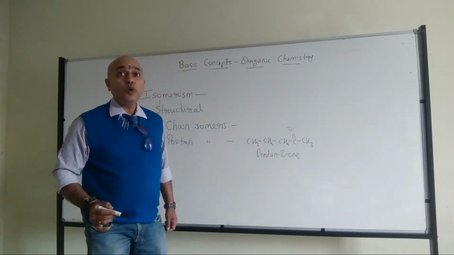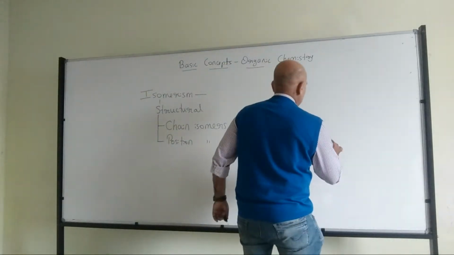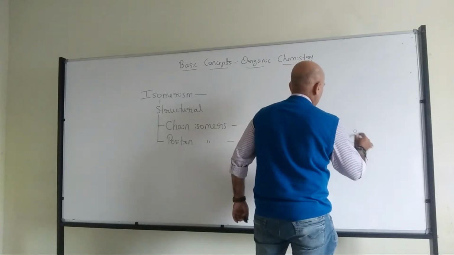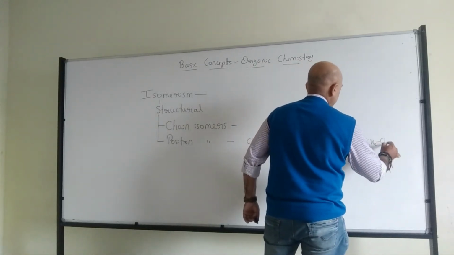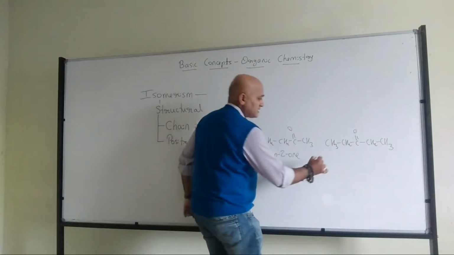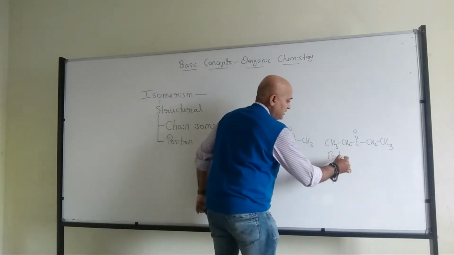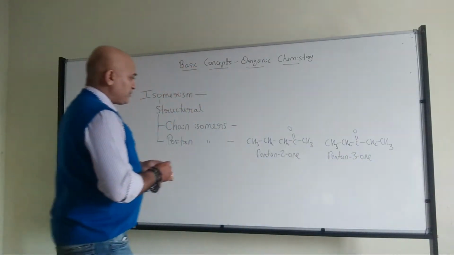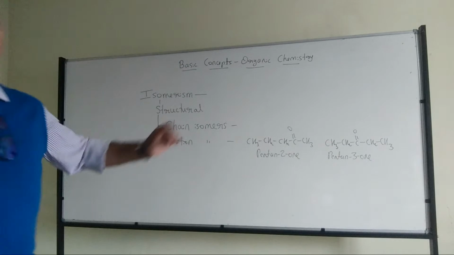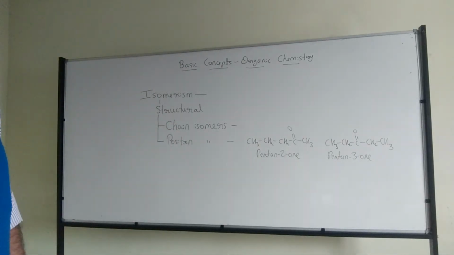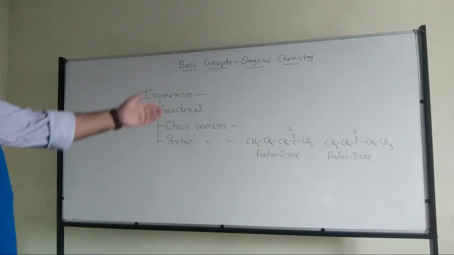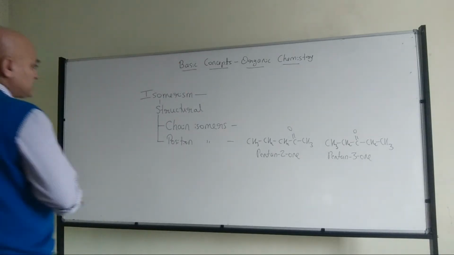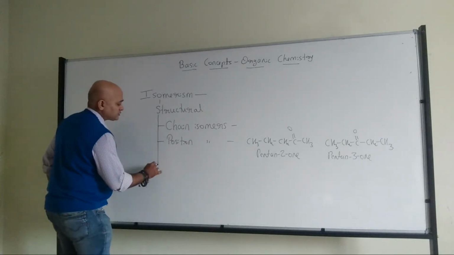Same way, I can write the molecule CH3, CH2, CO, CH2, CH3. Now what is this? This is nothing but pentan-3-one, an example for position isomers. Even a hydroxyl group at different positions, right? So that's where we have the position isomers.